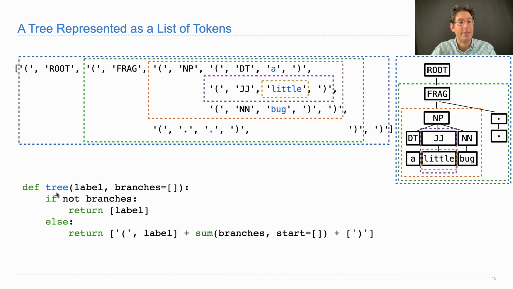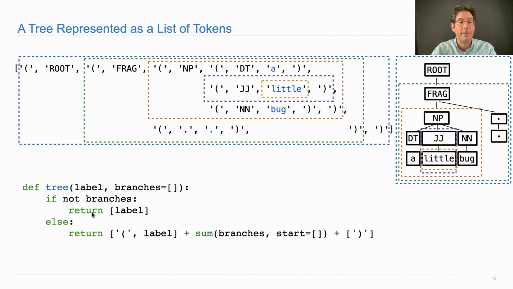So here's a redefinition of tree. It still takes in label and branches. We can't change that part because all the code we wrote to find the leaves, print out the words, change little bug into big bug relies on this signature.